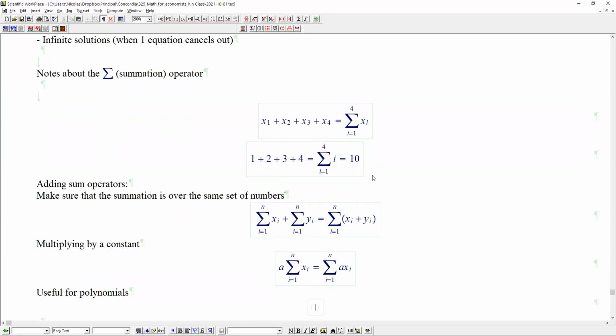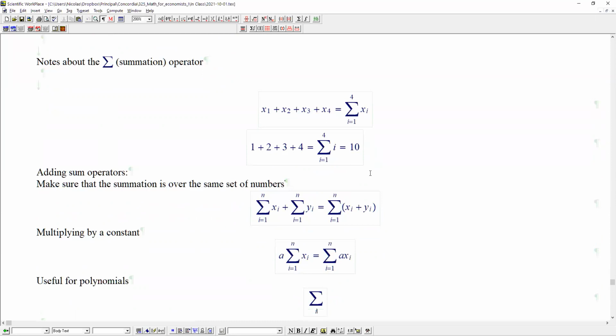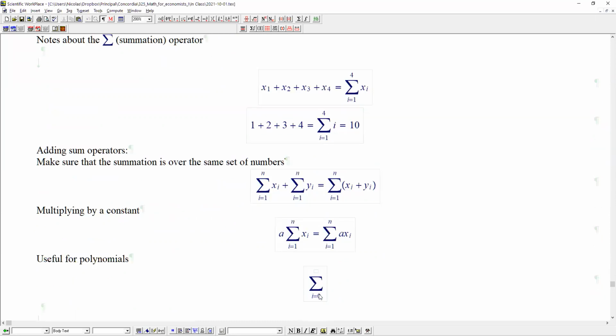So if I have something like the summation, see now I started at 0, not at 1, of ai x exponent i. So what do I get?